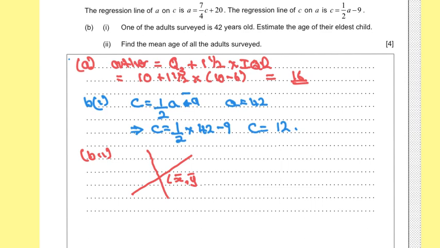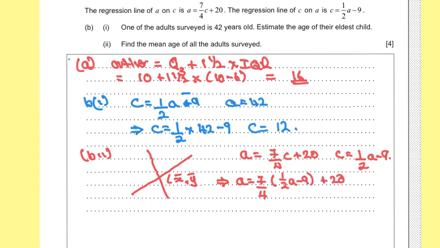So if I want the mean adult, I'm going to use A equals 7 over 4 C plus 20, and I'm going to substitute in for C equals a half A minus 9. So therefore I get A is equal to 7 over 4 times a half A minus 9 plus 20.